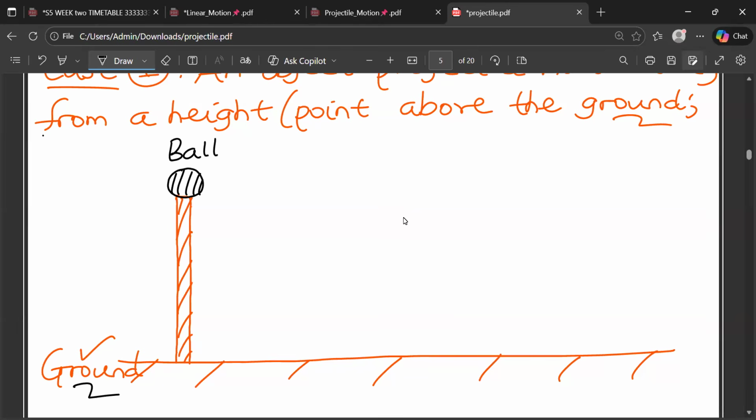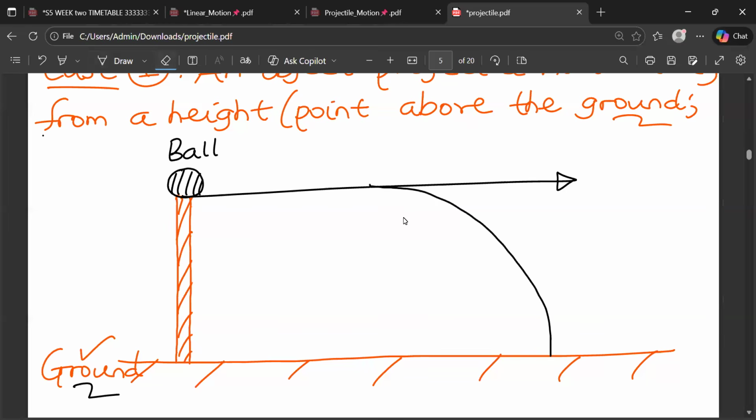So when I say projecting it from a point or height above the ground, you can see that. We said it is given the horizontal push, but again I said we expect it to later on fall back to the ground like that.